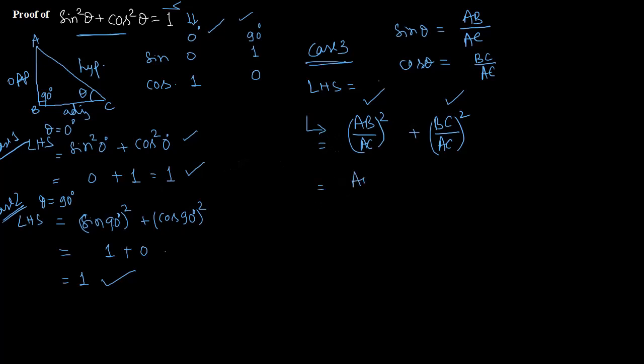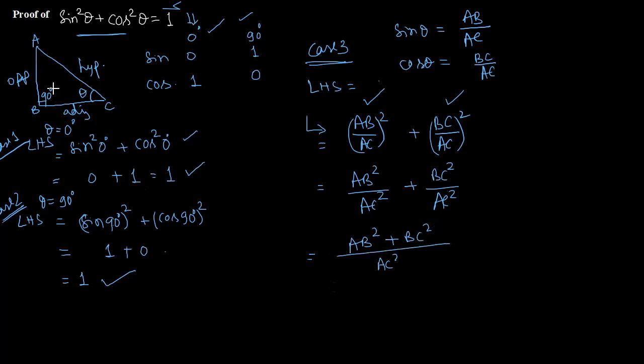So this will be AB square divided by AC square plus BC square divided by AC square. I am squaring both numerator and denominator. So if I take LCM, AC square is common for both of them, so the numerator will be left with AB square plus BC square. So what do we have for AB square plus BC square?